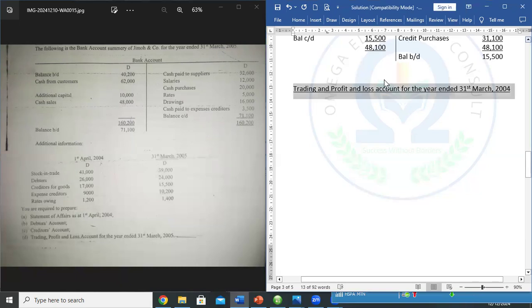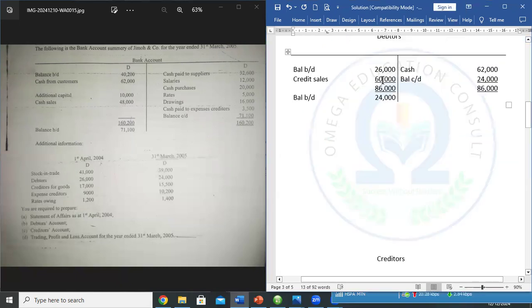So let's go and pick the credit sales. I think we had 80,000, but let's just compare. Oh, sorry, 60,000. So we pick this 60,000 and add the cash sales of 48,000 to it to give us the total sales.